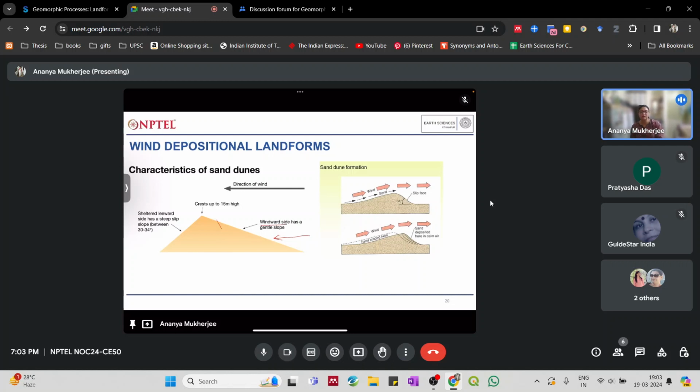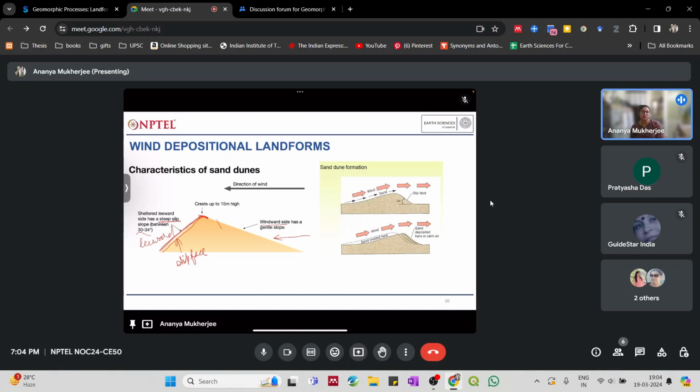Okay, and the slope which is not facing the wind, opposite to the direction of the wind, is the leeward slope. Usually the leeward slope has a steep slip face. Okay, this can also be called the slip face. Okay, so mostly the angle is between 30 to 34 degrees, and this part is actually the crest.